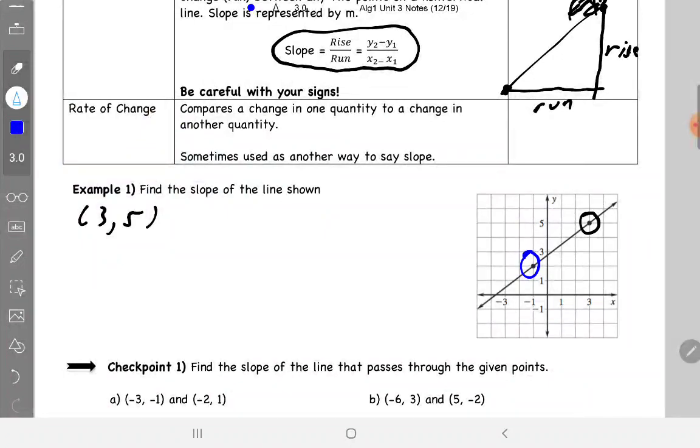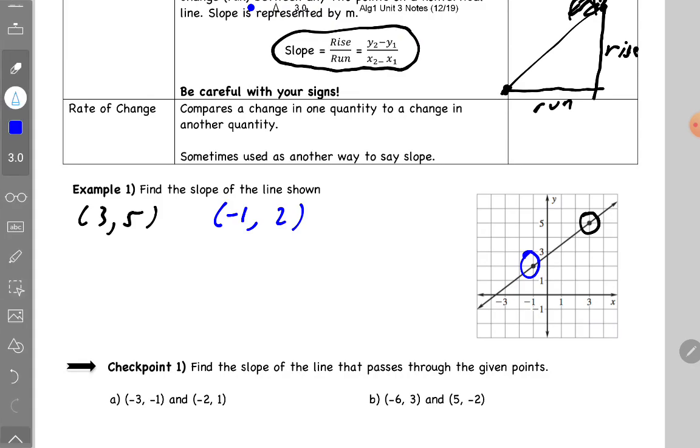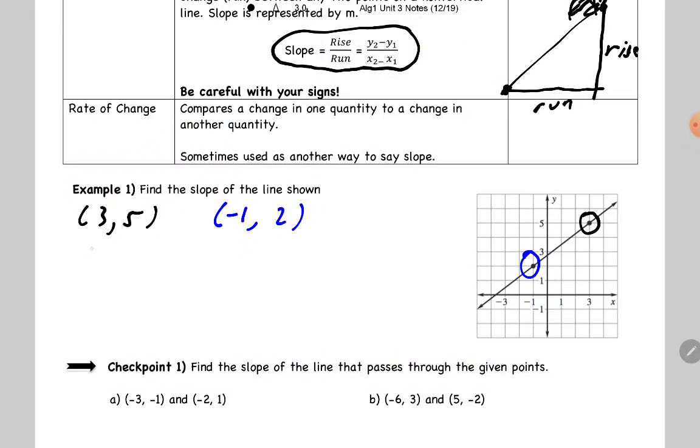And my blue coordinate is left 1 up 2. And that gives me my x1 and y1, because there's a 1 there because this is my first coordinate, and then there's a 2 there because that's my second coordinate.